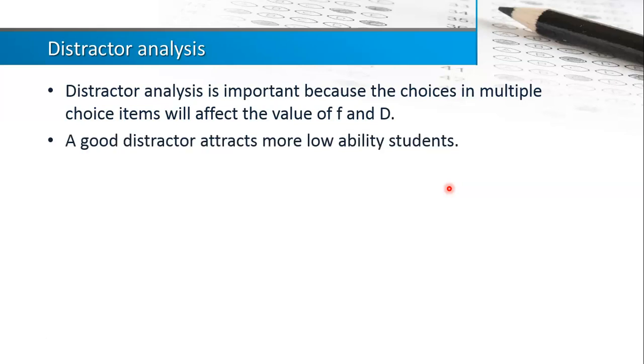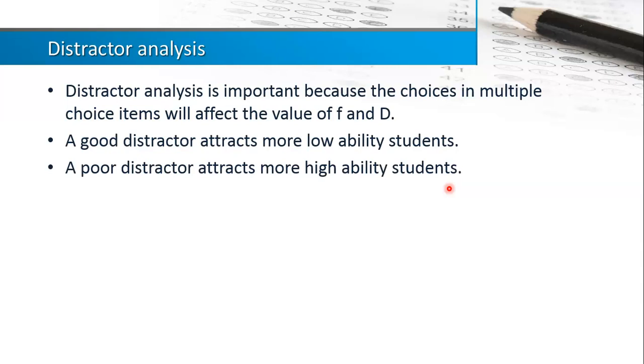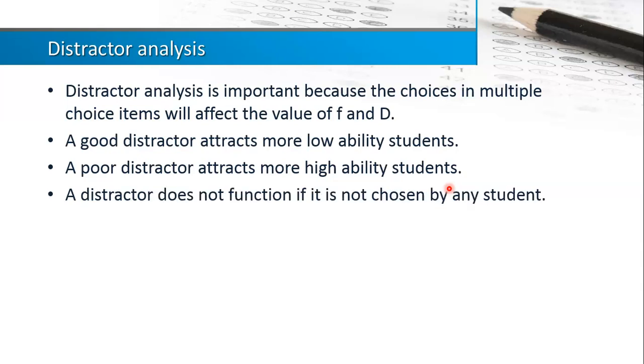So we need to remember that a good distractor attracts more lower ability students instead of the high ability students. And a poor distractor attracts more high ability students, meaning it is so confusing that the high ability students think it is the answer, or you have done something wrong by putting the key answer as a distractor.